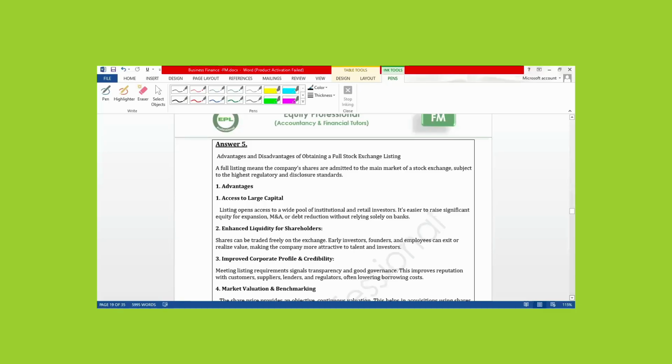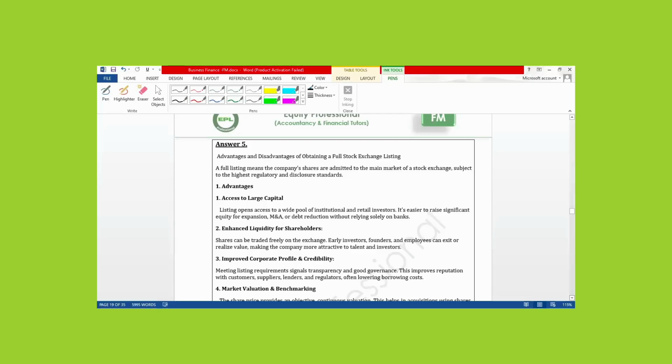Number three advantage, improved corporate profile and credibility. Meeting listing requirements signals transparency and good governance. Let me give you this gist.